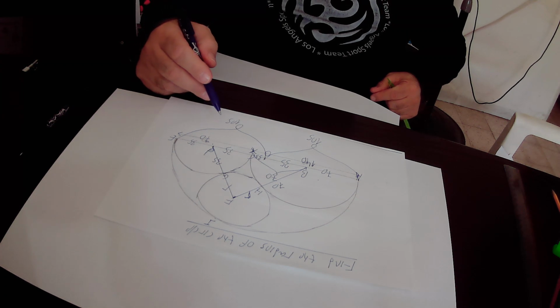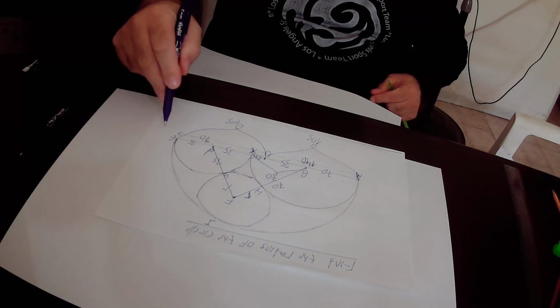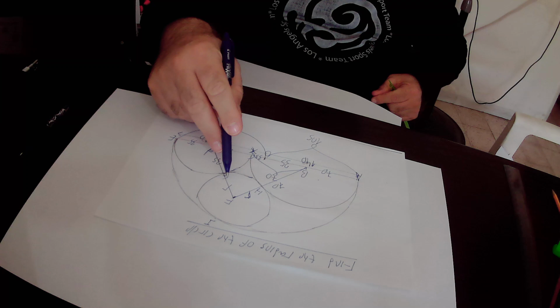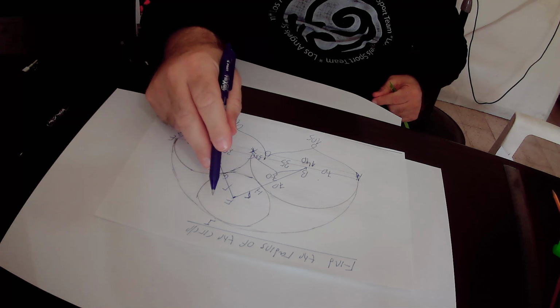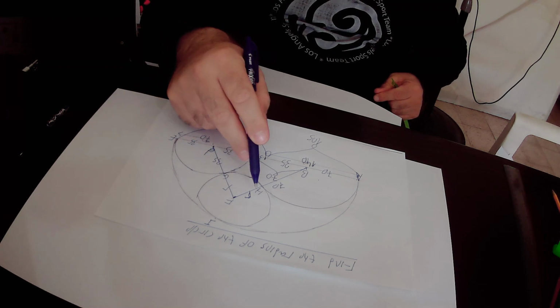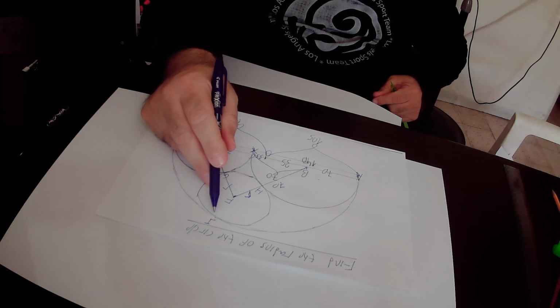The biggest semicircle and this circle have an internal notch between them at point I. That is to say, they are touching each other internally at point I. Why? Because the small circle is inside the biggest semicircle and they are touching each other at point I.